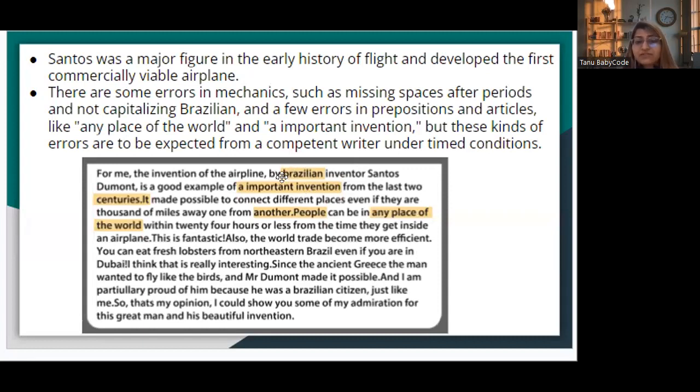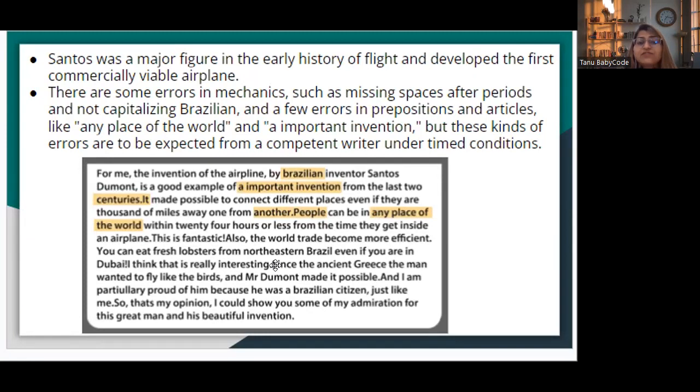See these errors. Brazilian, B was not capital here, right? Some of the prepositions and articles, any place of the world, right? So again, there are also some errors. Important invention, an important invention. So there are errors in prepositions and even the articles also.